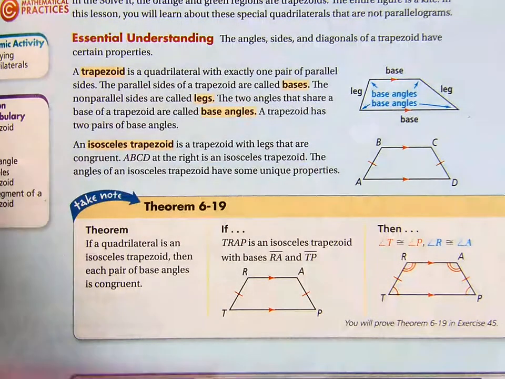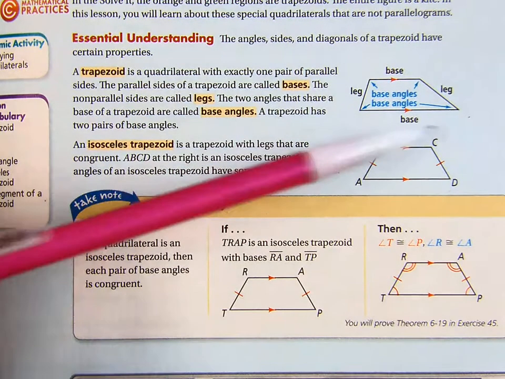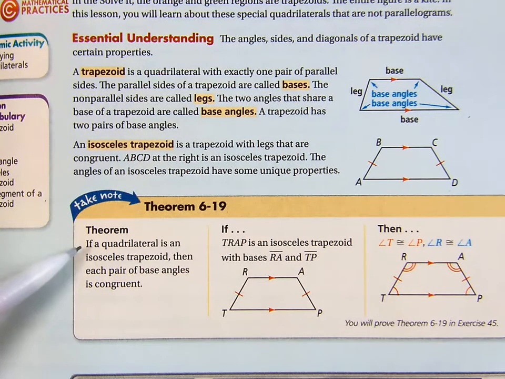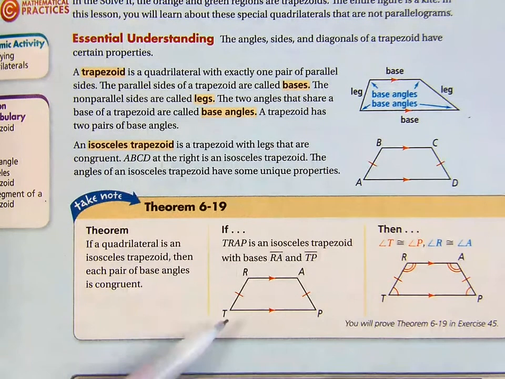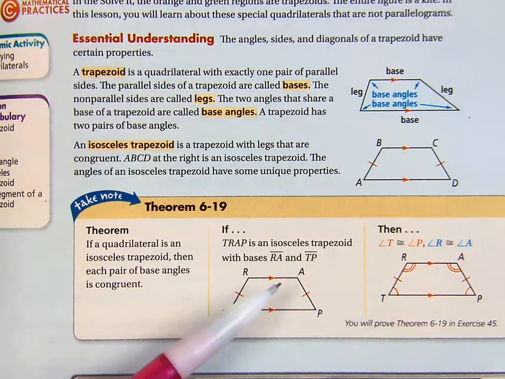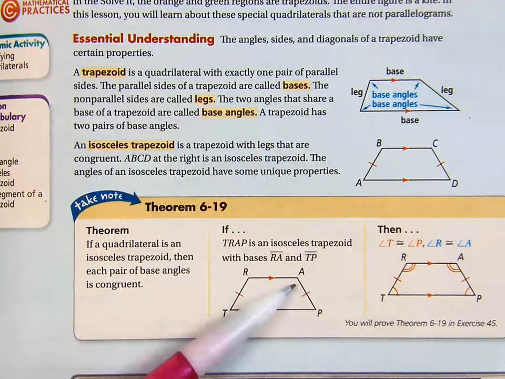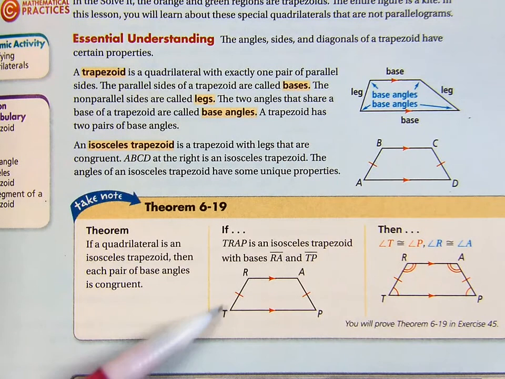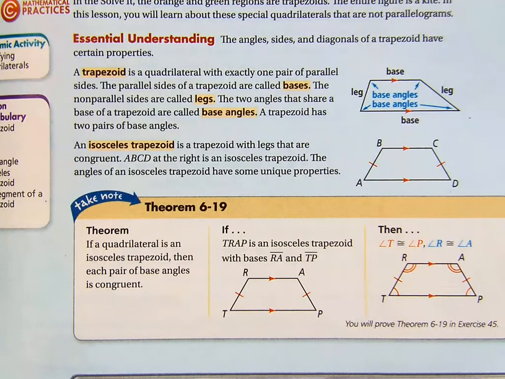It's like all four angles are base angles, but it's pairs of base angles. So in this one, if a quadrilateral is an isosceles trapezoid, then each pair of base angles are congruent. So that means angle T is congruent to angle P, and angle R is congruent to angle A. I was saying it backwards. But that's trapezoid TRAP. R and A are base angles that are congruent. T and P are base angles that are congruent.